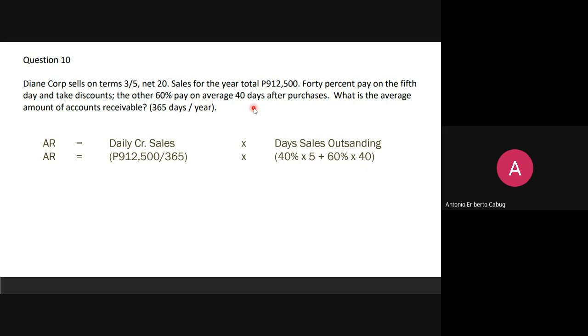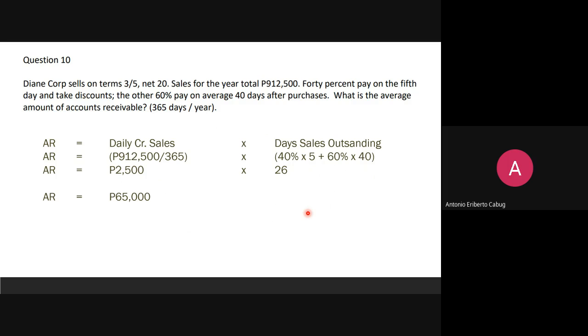Hindi sila nagbabayad on time. Okay? So realistically, this is happening. Maraming customers na nagbabayad ng late. Okay. Your daily credit sales is 2,500. Your day sales outstanding is 26. 2,500 times 26, that would give you 65,000 pesos. So very good.